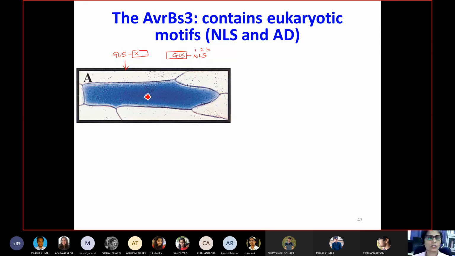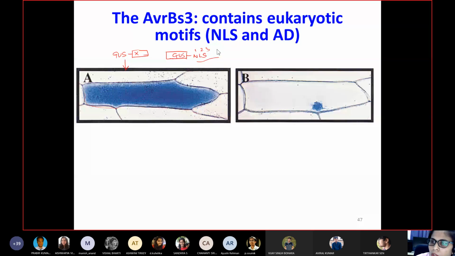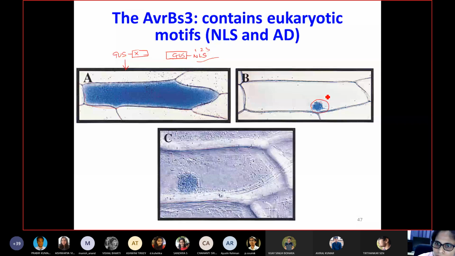What you see here is total expression of GUS in the cytoplasm, everywhere in the epidermal cell. Then they used the second reporter system and bombarded it onto the onion epidermal tissue, and what you see is expression of GUS only in the nucleus region. And this is the higher magnification. So what you see here is the total expression.